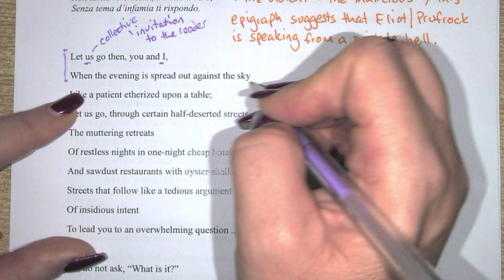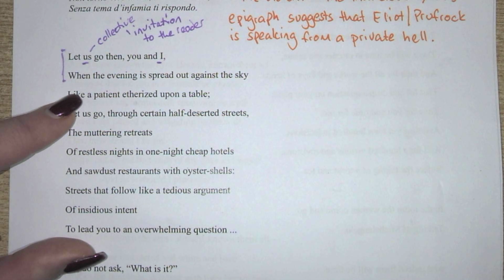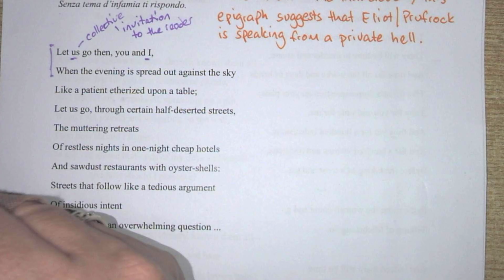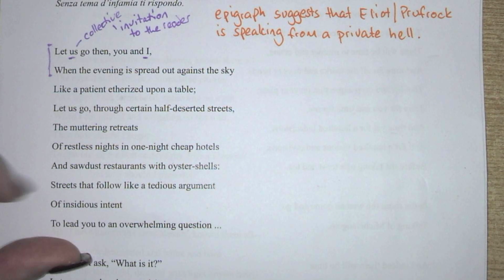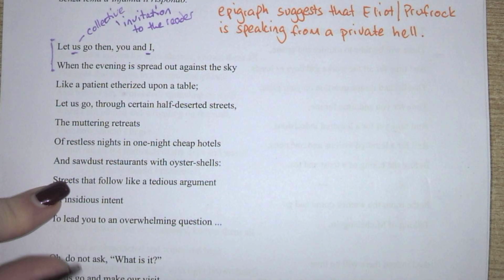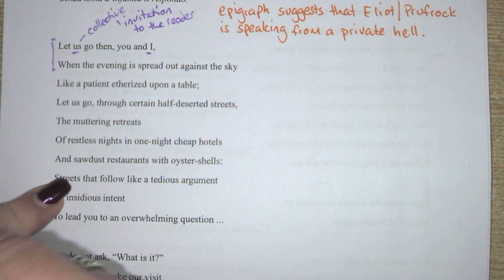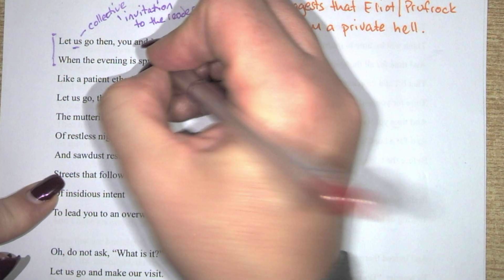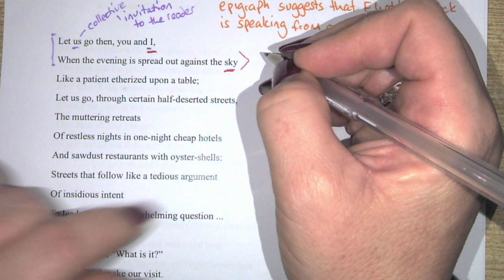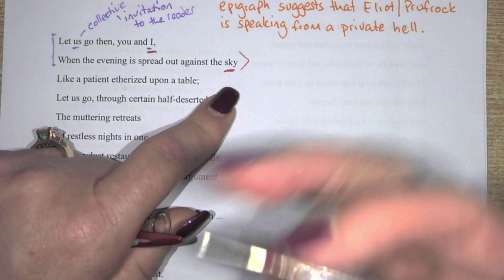When the evening is spread out against the sky, and this I and sky rhyme, don't they? Yes? What do we call it when we have a nice little 2-line rhyme here? Yes, who got that? Good job. Rhyming couplet. And they're used in Shakespearean sonnets, aren't they, Miss? All the time. They're about love. Yes, so it links in with this idea of a romantic, lovely, lyrical poem.